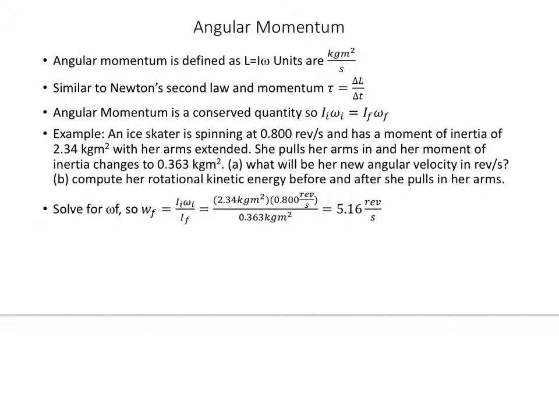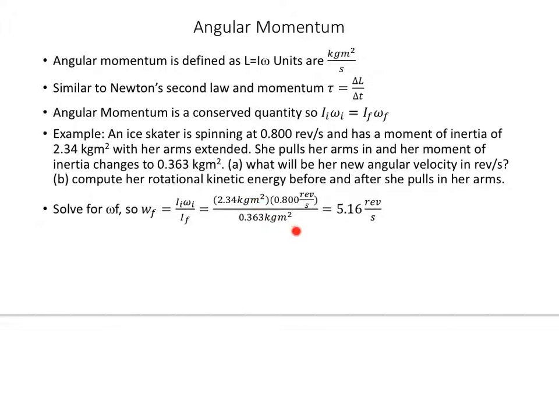Okay, so to find out her final angular velocity, we can use this conservation of angular momentum, and notice that we're solving for the final angular velocity. And here is her initial moment of inertia, her initial angular velocity, and her final moment of inertia.